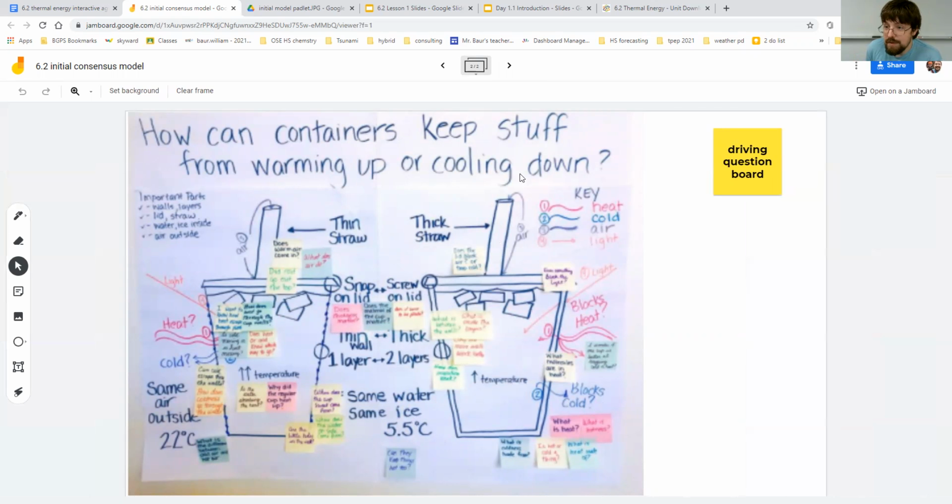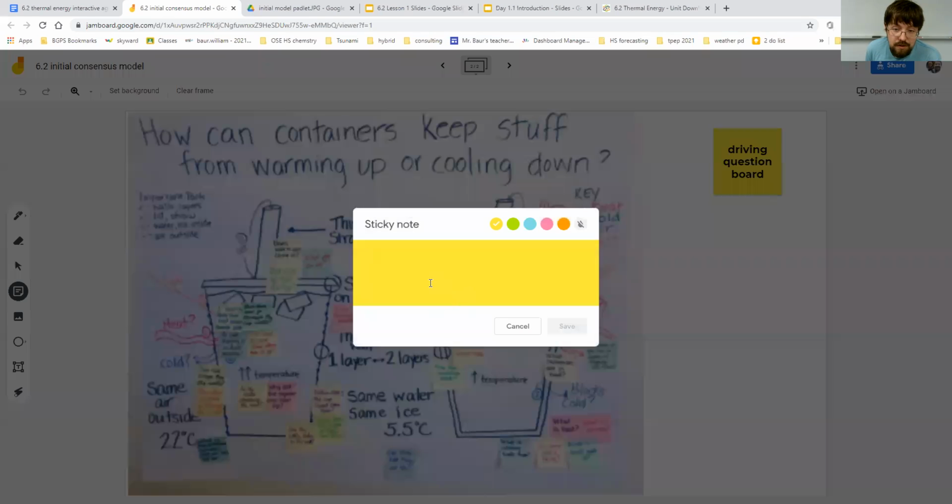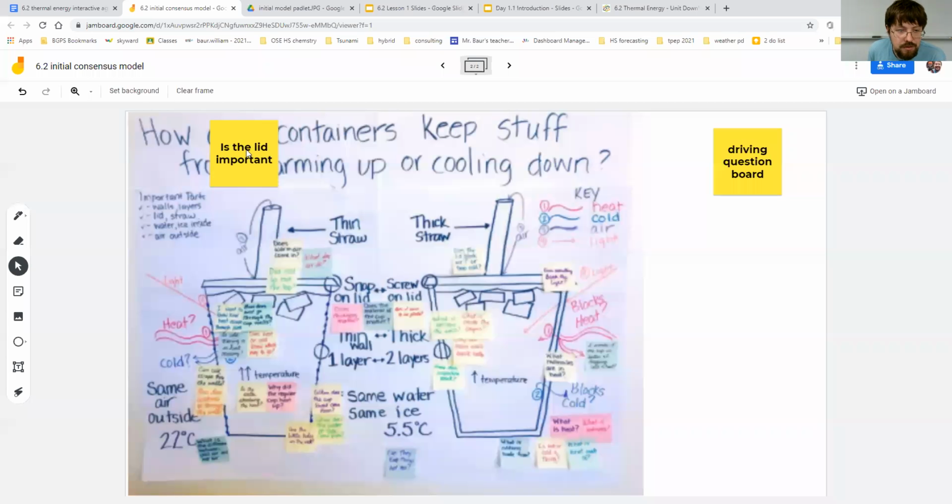You can do it physically, or you can create your own sticky note, like maybe, is the lid important? I can start to group it, because I've got this drawing, this model, to place it on.